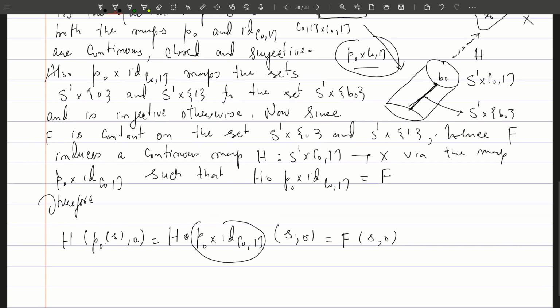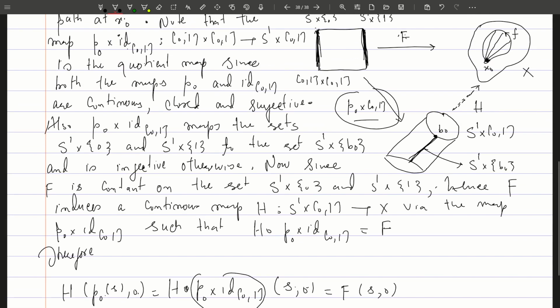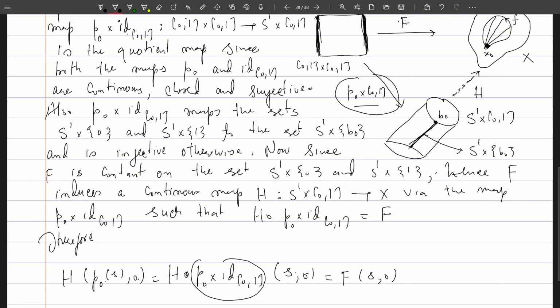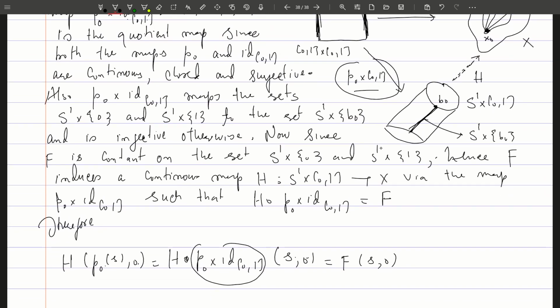F of s, 0, since f is a homotopy between f and the constant map, so this is f of s, but f is the same as h composite p naught, so this is h of p naught of s. So that means this h of p naught of s, 0 is h of p naught of s.